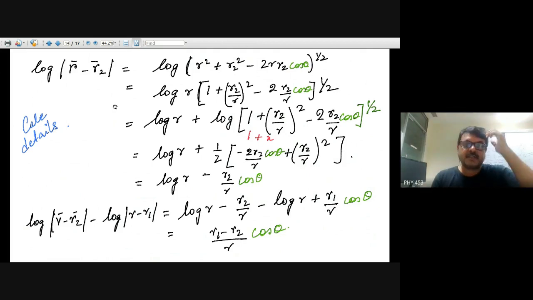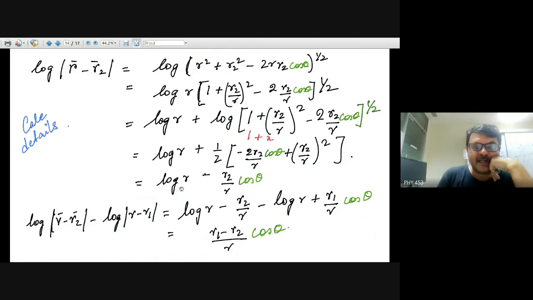So what you can do is, if you stare at this, basically I have done a Taylor expansion, suitably, log 1 plus x equal to x. Here I've broken it up, and here I've used log 1 plus x, and similarly for the other term.